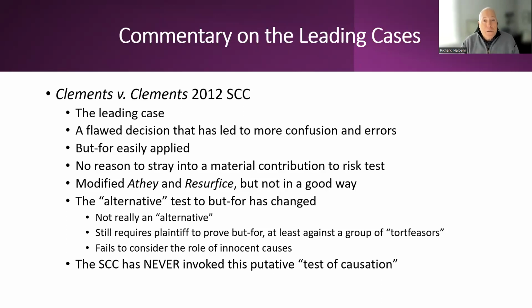In other words, but-for had to be proved against the group of defendants. That is new. So it isn't that but-for doesn't apply, but but-for applies what I'll call globally. That's a dangerous word to use given what the entire Court of Appeal later said in Sachs, but in Clements, Justice McLaughlin clearly used the phrase global contribution.